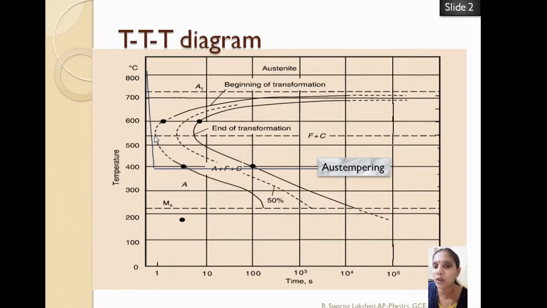Up to the nose temperature, it is the pearlitic start curve and pearlitic finish curve, whereas below the nose temperature, it is the bainitic start curve and bainitic finish curve. So austempering results in formation of bainite.